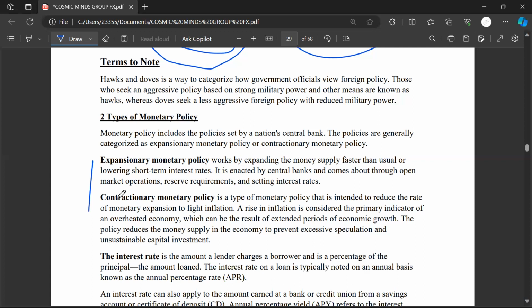It works by expanding the money supply faster than usual or lowering short-term interest rates, right? It is enacted by central banks and comes out through open market operations, reserve requirements, and certain interest rates. We also look at these things, right? The open market operations, reserve requirements, and then certain interest rates, right? So this is what they do.